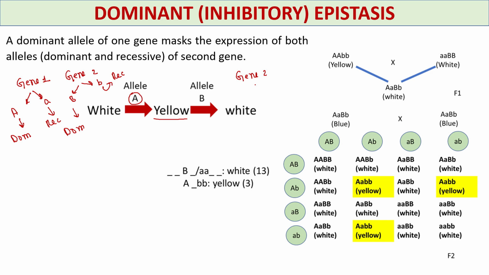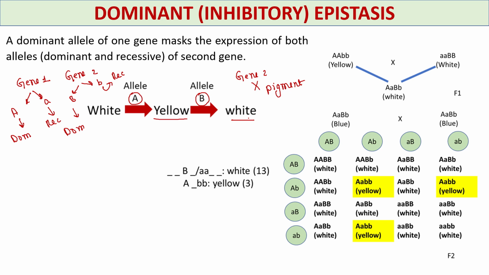What does it do? It only masks the expression of gene 1. Hence, when gene 2 is expressed, allele capital B will suppress the functionality of gene 1. Therefore, the flower becomes white.